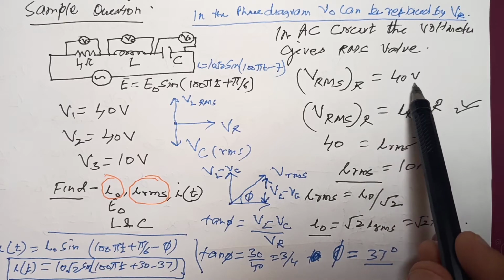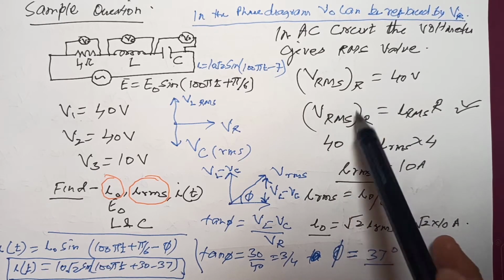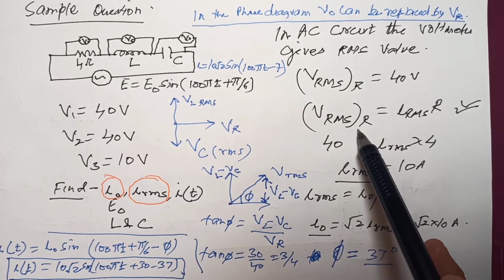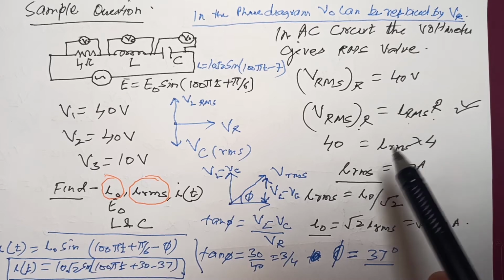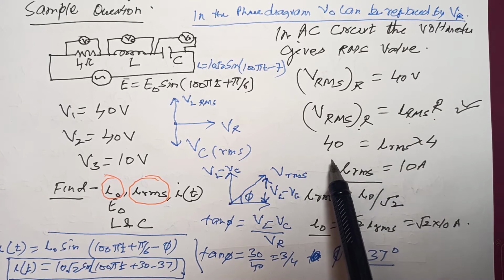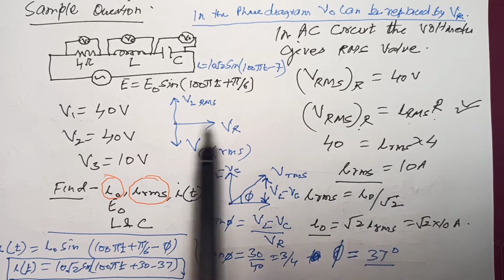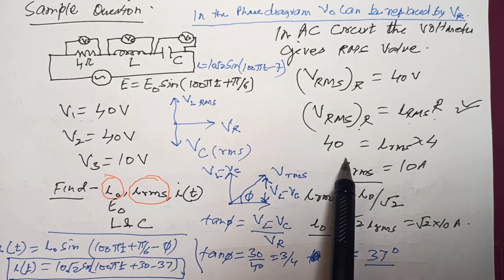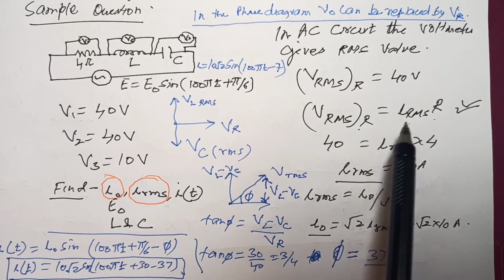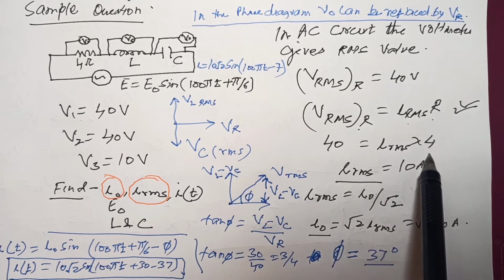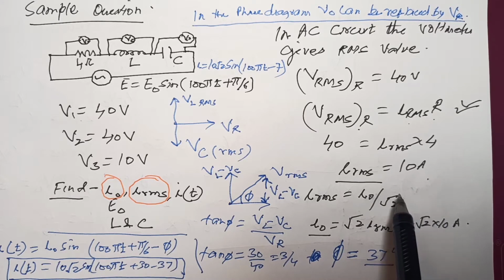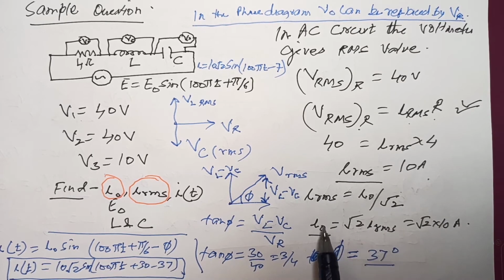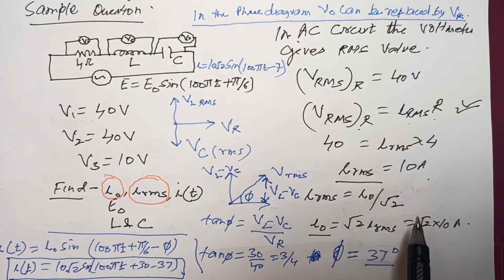We know V is equal to IR, so VRMS is equal to IRMS into R. Substituting the values, VRMS across the resistor is given to us as 40, so 40 is equal to IRMS into 4. So IRMS is equal to 10 amperes. Also, we know that IRMS is equal to I0 by root 2.